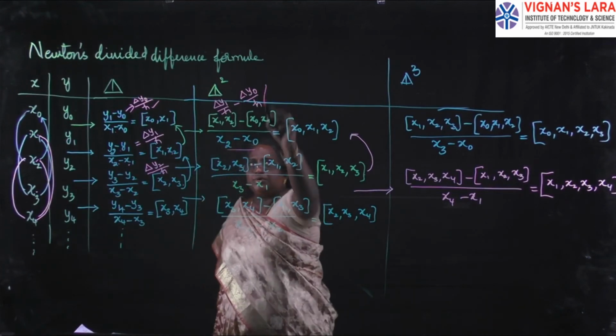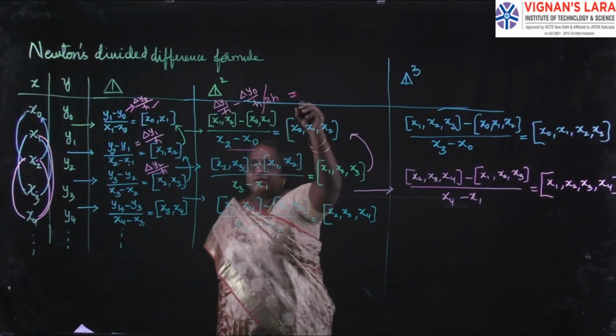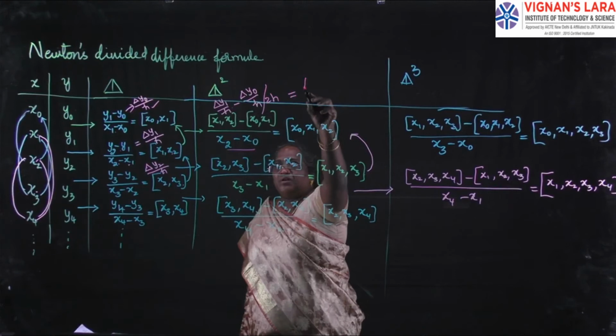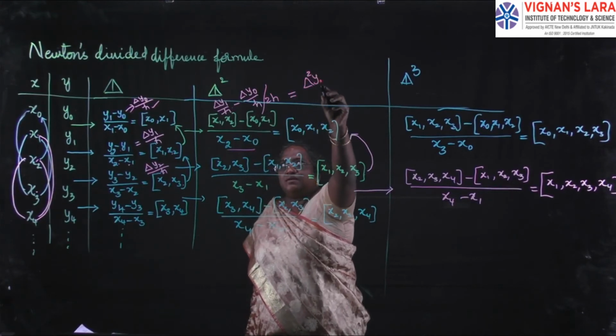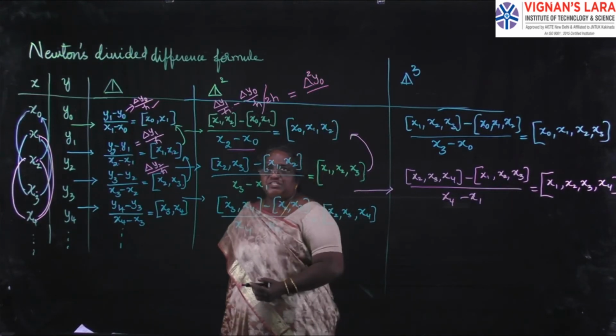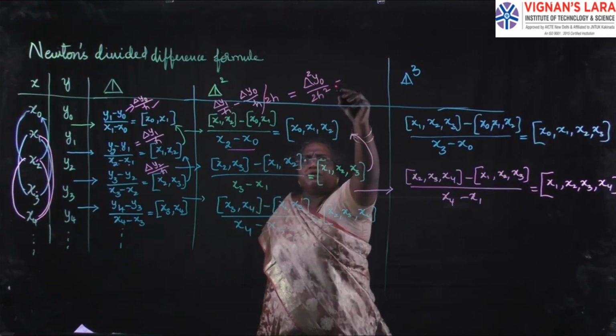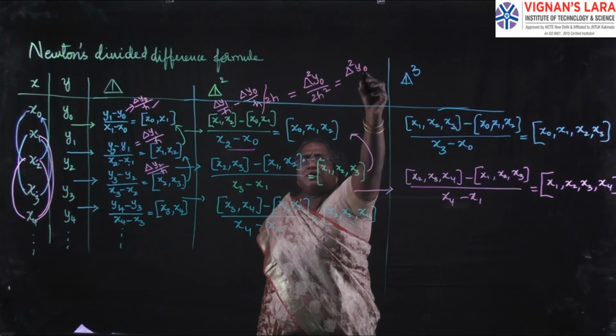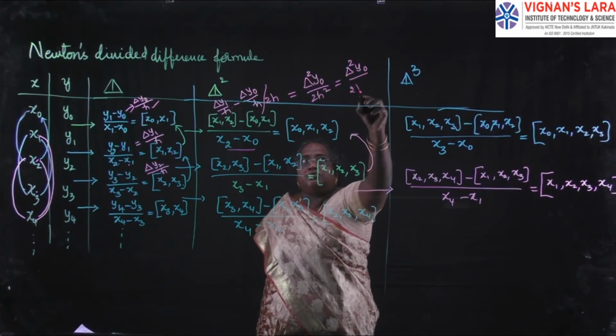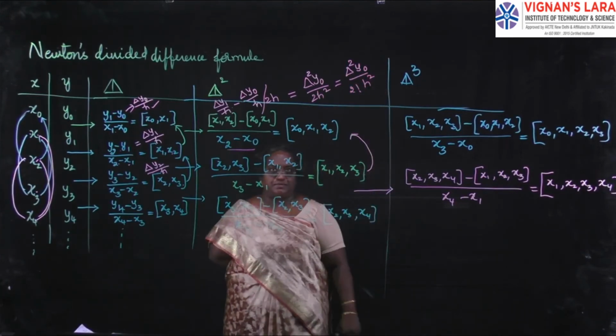So this comes to be del y1 minus del y0, which we know is del square y0, by h into 2h, that is 2h square. Or you can write it as del square y0 by 2 factorial into h square.